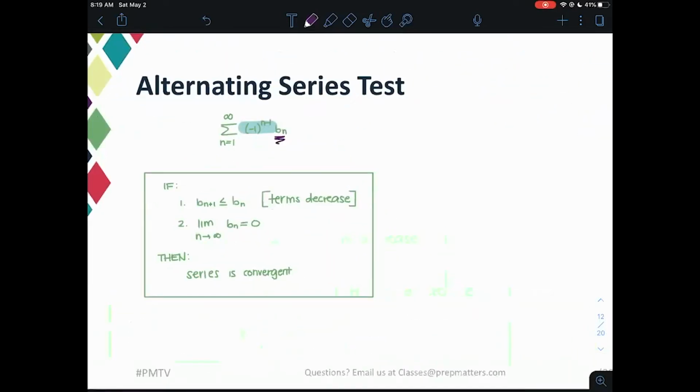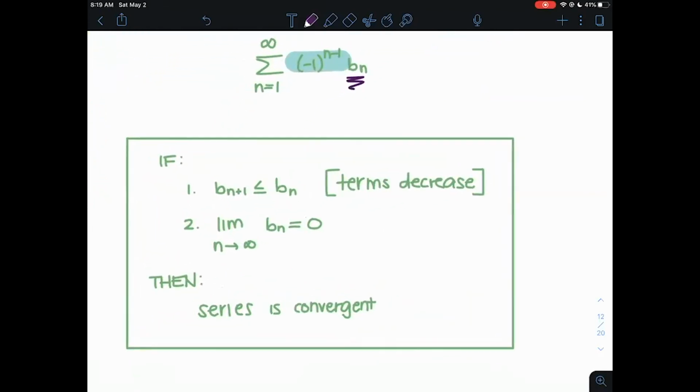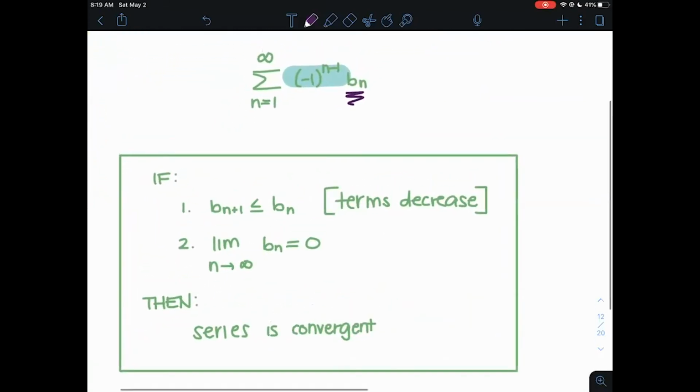And the alternating series test has two conditions. If we know that the terms are decreasing, so what that looks like mathematically, we know that b sub n plus 1 is less than b sub n. And we know that the limit as n approaches infinity of b sub n equals 0, then we know that the series is convergent.